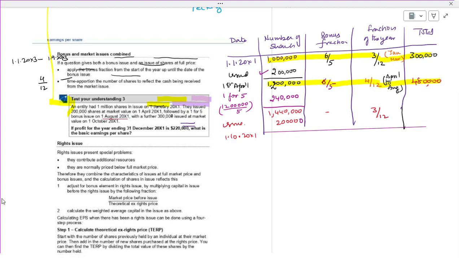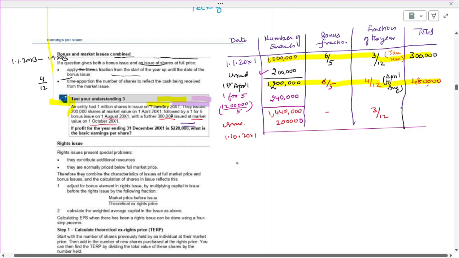On 1st of August. Fine. With a further 300,000 issued at a market value on 1st October. Fine. Now.